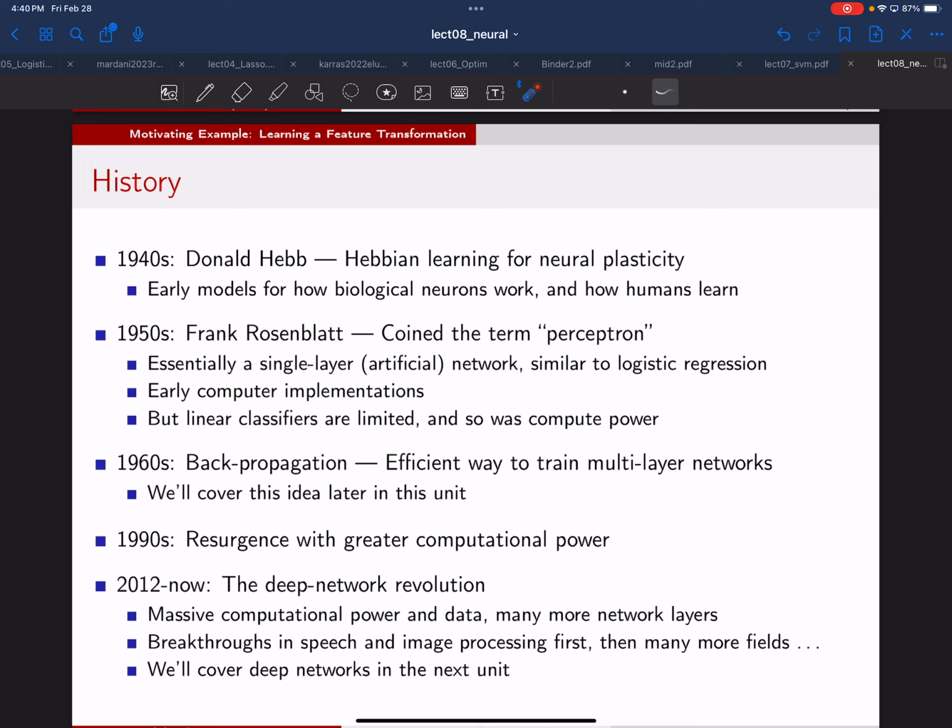And then there was a lot of hype, and the technology didn't really deliver. So then people sort of forgot about it for a little bit. But then in the 90s, there was another resurgence of the same ideas with more computational power. More people were looking at it. But again, a lot of hype, and not a lot was delivered. So that was the second wave of AI, which then sort of died out.